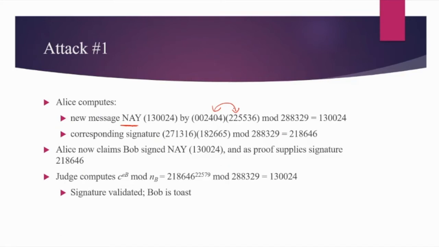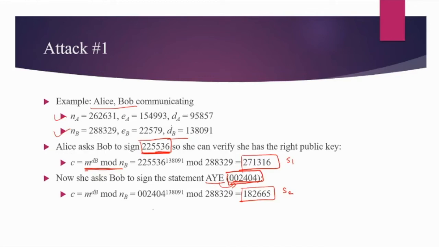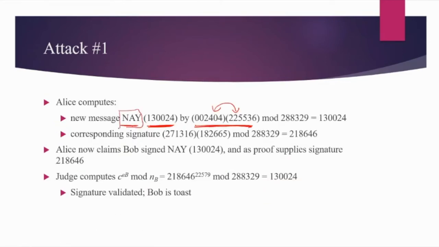So she multiplied these two numbers and got another number, which is nothing but the new message. She smartly chose this random number so that the multiplication of this value and this value becomes equal to the message Alice wants Bob to sign. Are you getting my point?